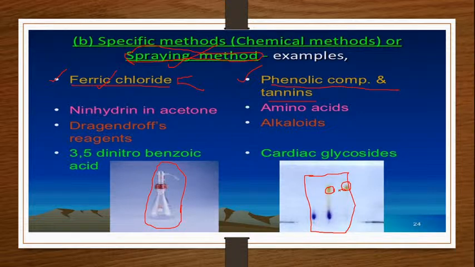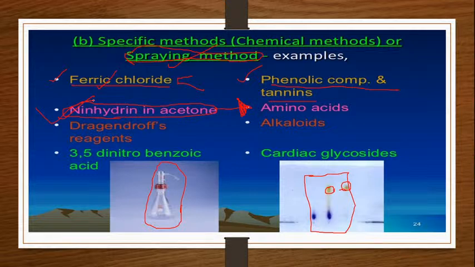Second, and most importantly and widely used in pharmacy and academia, is ninhydrin in acetone solution. Ninhydrin has exceptional capacity to detect amino acids. We will have a practical of paper chromatography for detection of amino acids, and for that purpose you need a ninhydrin solution.